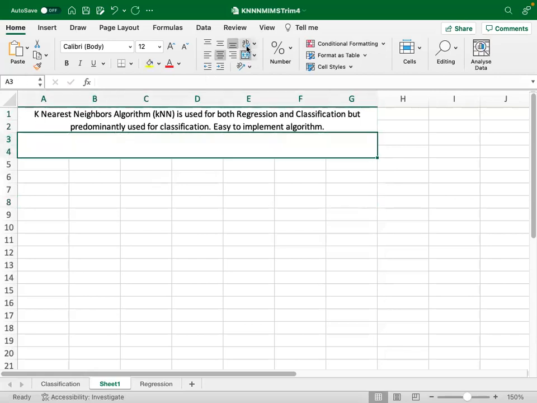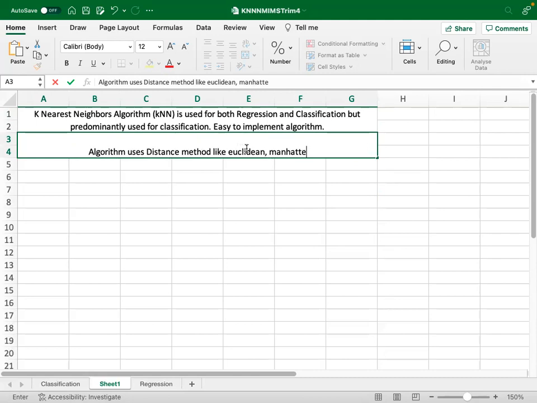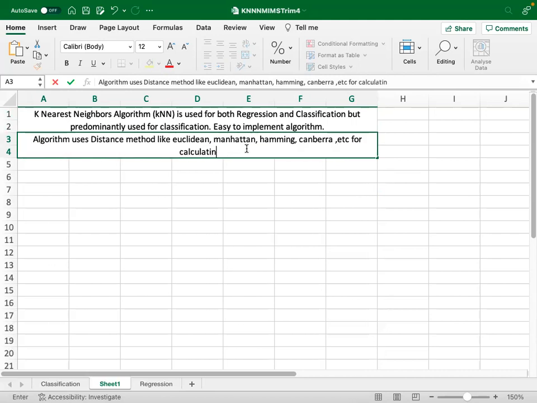And the algorithm uses distance methods like Euclidean, Manhattan, Hamming, Canberra, etc. for calculating the distance between the predicted value and nearest neighbors.